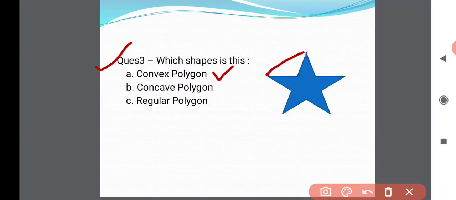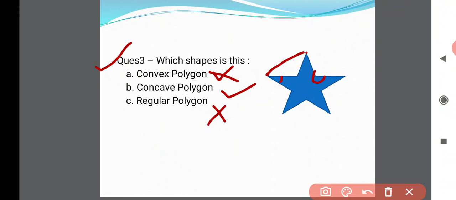So obviously it is not convex. Is it a concave? Yes. Regular: for being regular, all angles should be equal, but I can see this angle will be less than 90 degrees, and this angle will definitely be more than 180 degrees. So again it is not regular, although it looks like all the sides are equal, but as the angles are not equal, it is not regular.